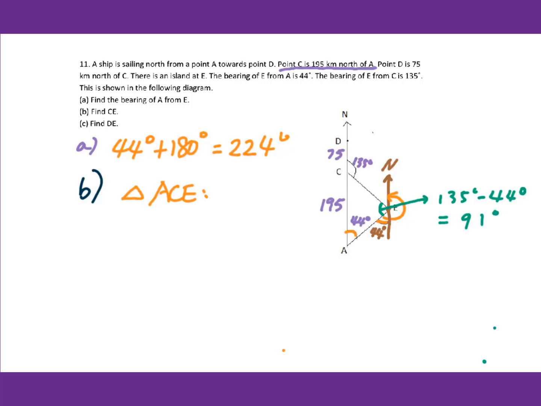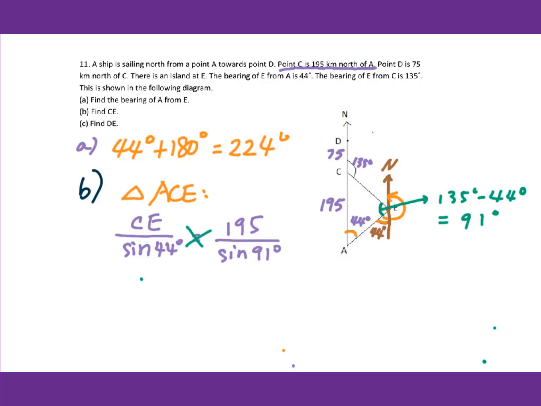Therefore, we use the sine law, CE over sine 44 degrees equals 195 over sine 91 degrees.